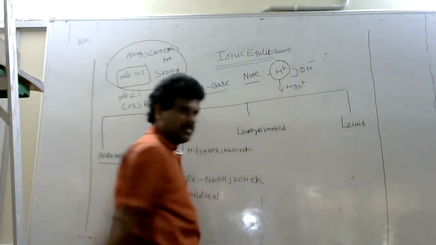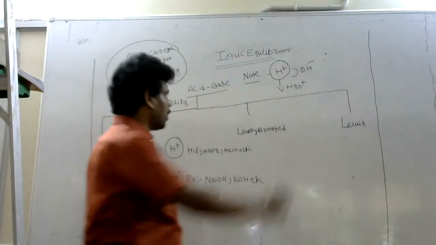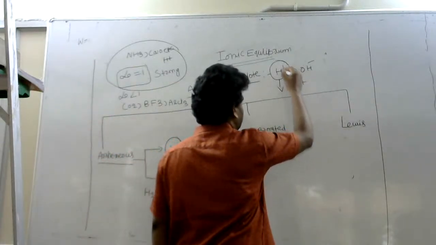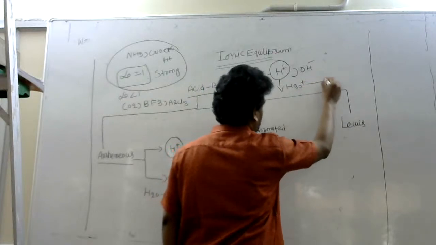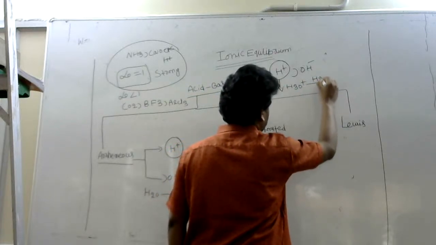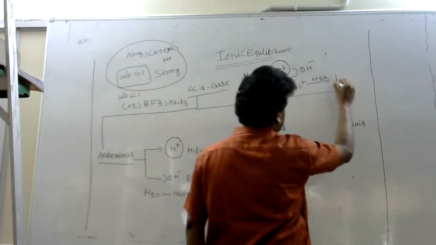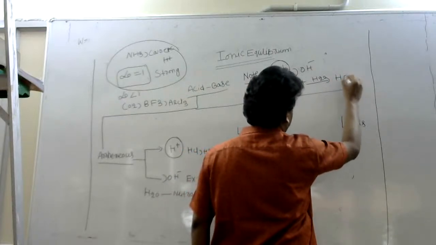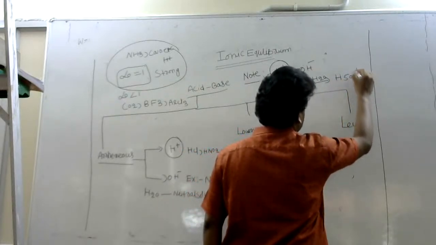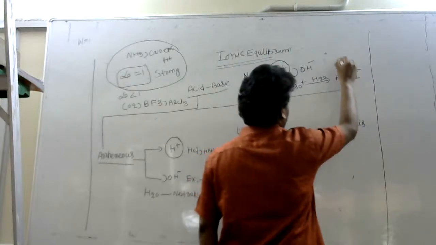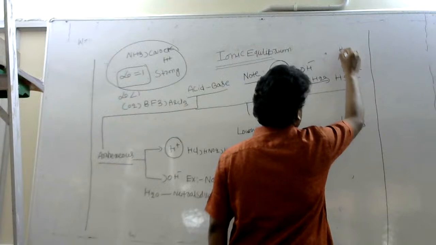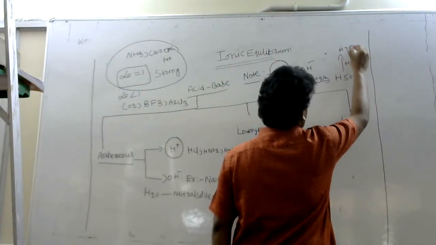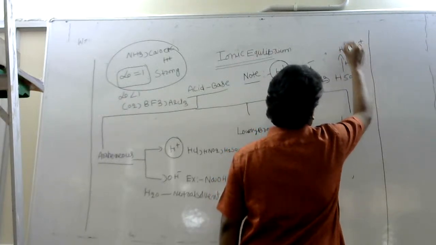H3O plus hydrated ion form. H plus ion undergoes hydration; first exists as H3O plus ion. Further hydrated, the formula converts to H5O2 plus. Further hydrated, the formula converts to H7O3 plus.